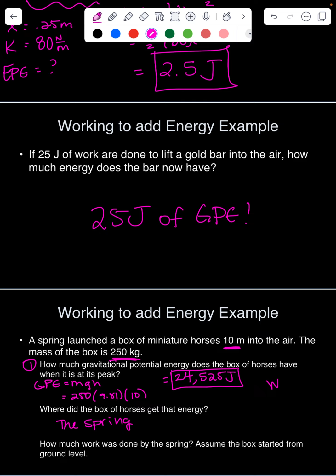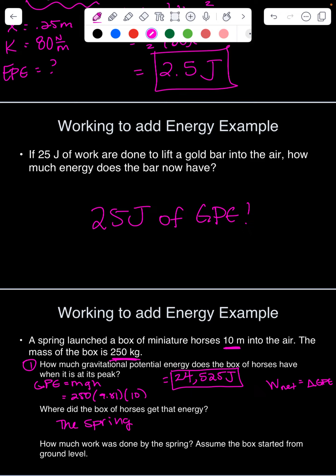All right, so we know that the net work done on an object causes a change in energy. For our work-kinetic energy theorem, work was equal to the change in kinetic energy. Well, it's the same thing with all types of energy. Because work causes a change in energy, the net work done is equal to the change in gravitational potential energy.